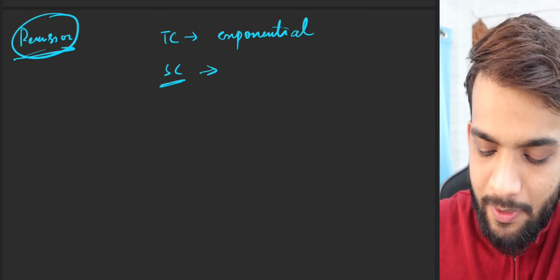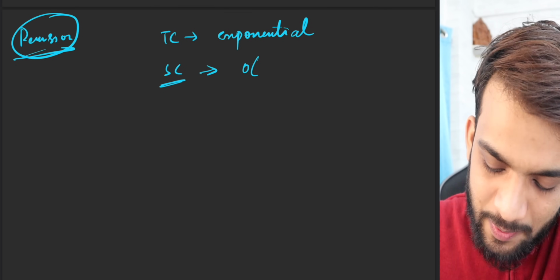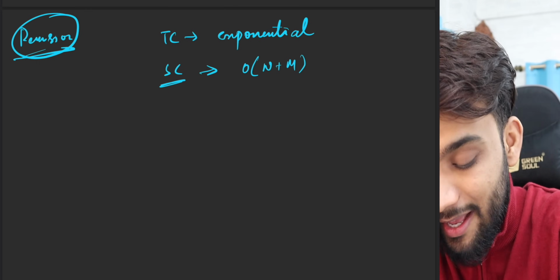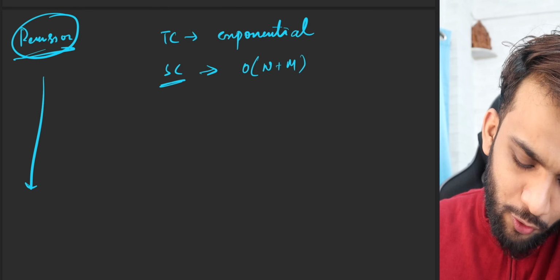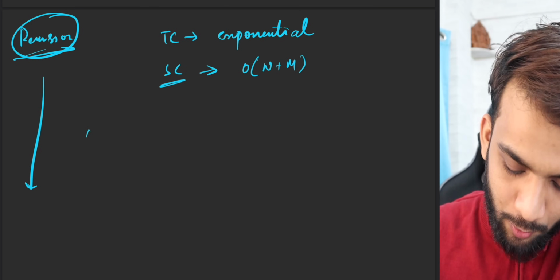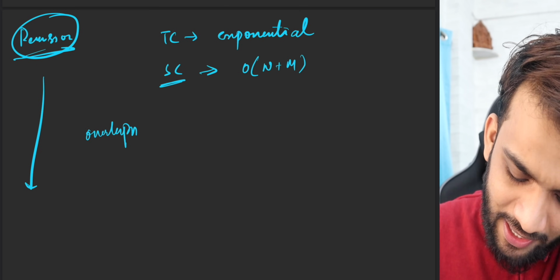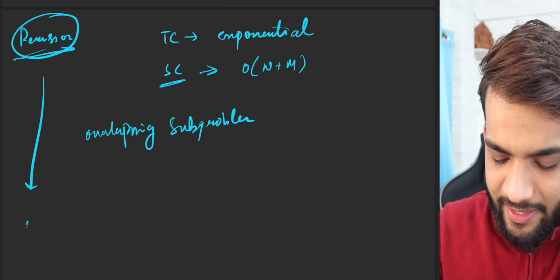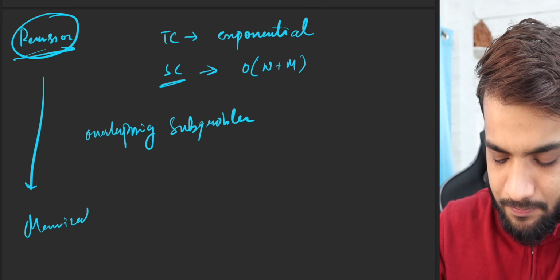Space complexity will be the auxiliary stack space, which is around n plus m. Now we have to figure out if there are overlapping subproblems. If there are, then you end up doing memoization.